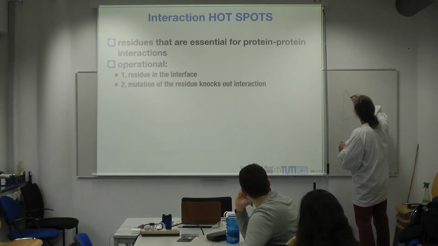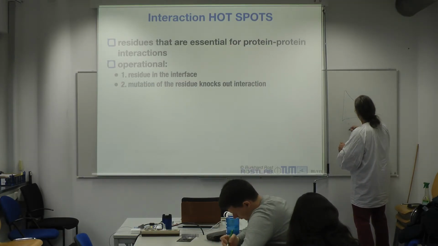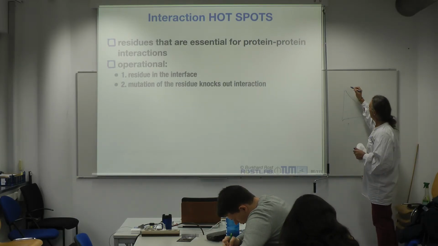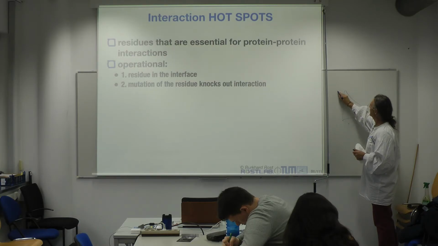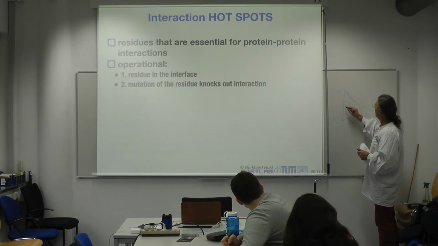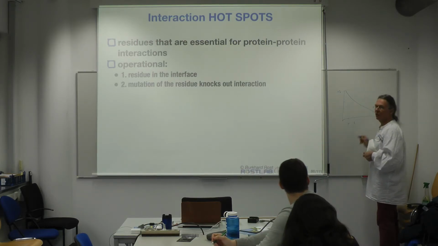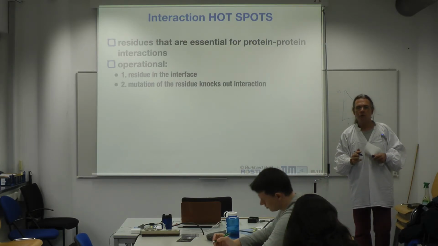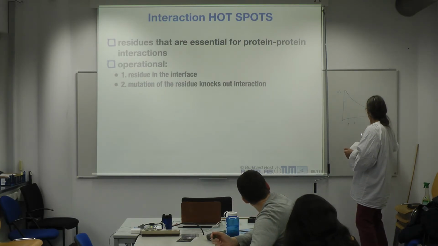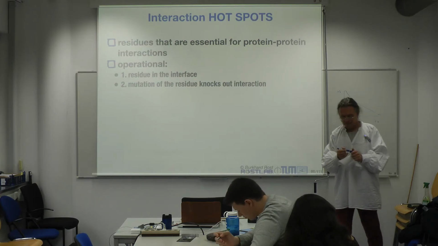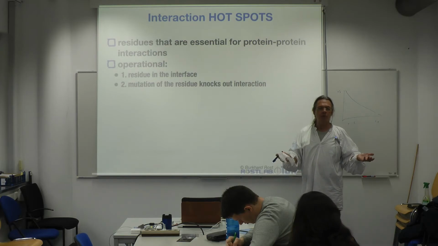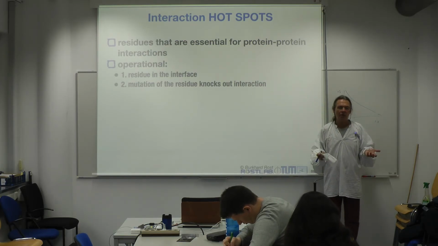No, I can do it this way. So the residue that contributes the most to the binding energy may carry, maybe this point here is 30% of the binding energy or something like that. The second one maybe 15%, and so forth. So one way of arguing is that this curve goes to 20 until the entire binding is done. So 1 in the 20 carries 1/3 of all the binding energy. So this is why I call that a hotspot.